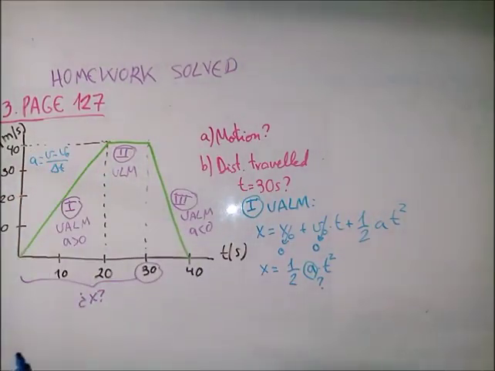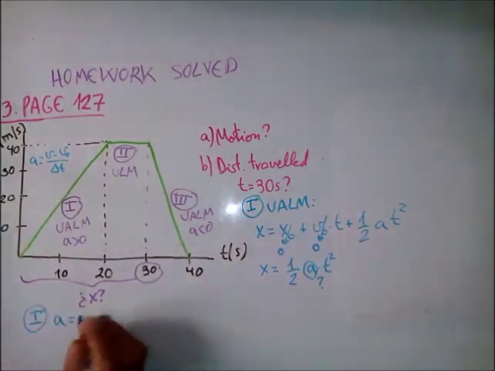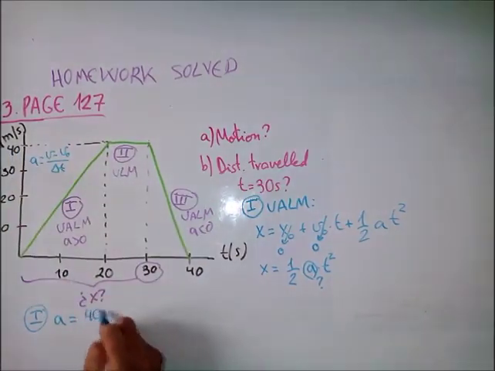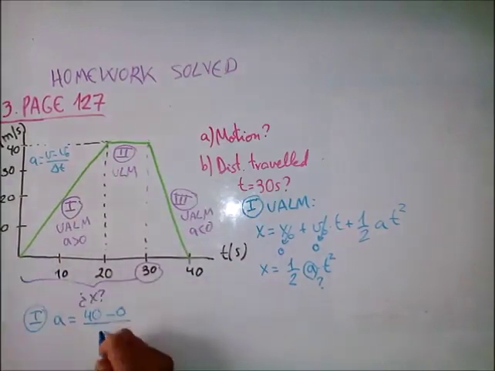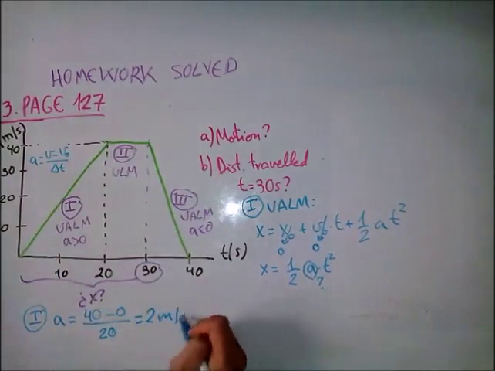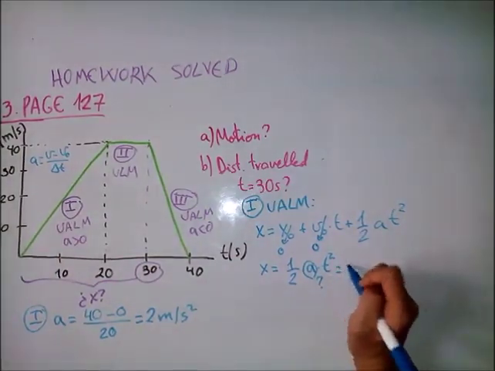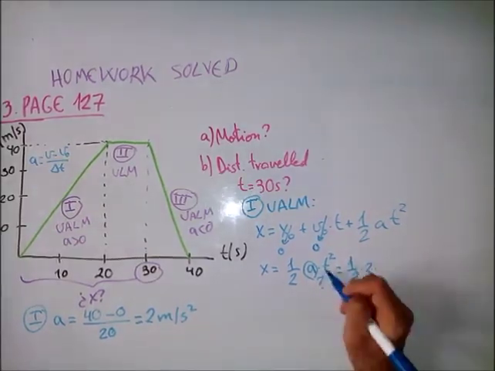Let's go and calculate it for this part 1. Let's do here. Part 1, acceleration, final velocity, 40. Initial velocity, 0. Time taken, 20, okay? So 40 divided by 20 is 2 meters per square second, okay? So we go here, and we do 1/2 multiplied times 2 times time square.